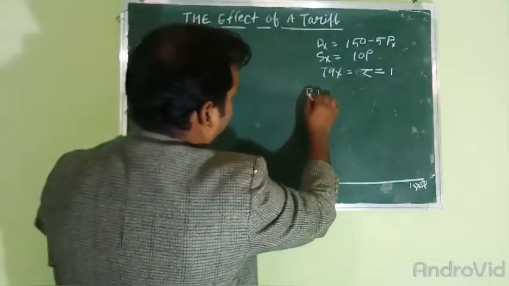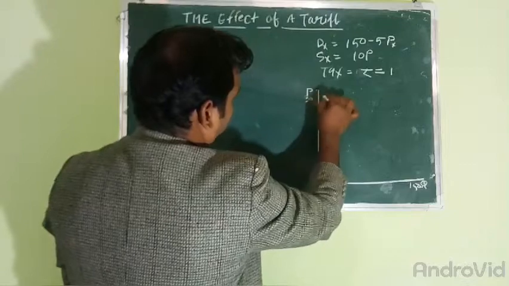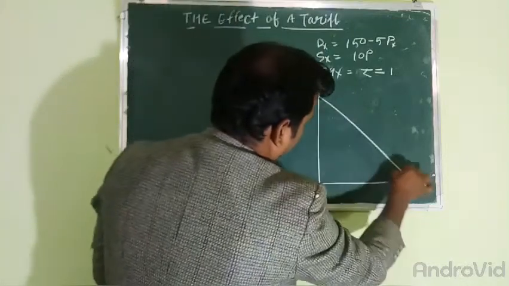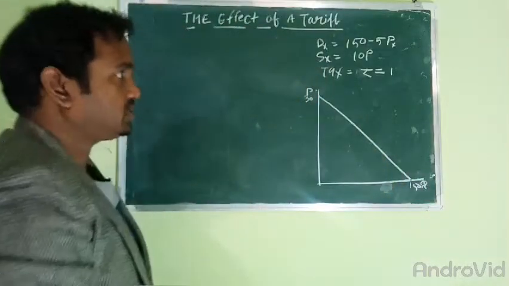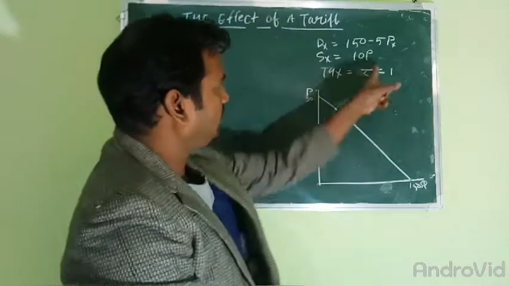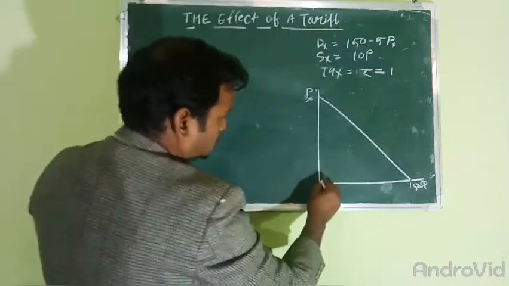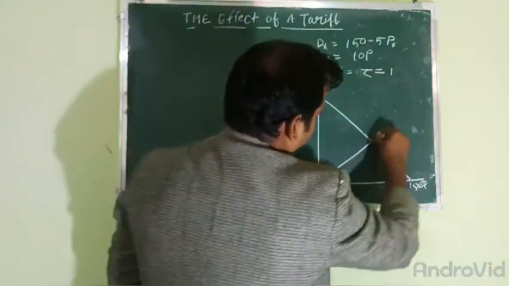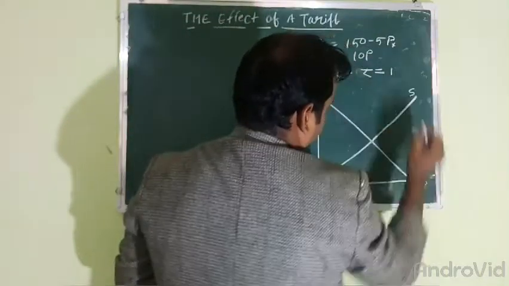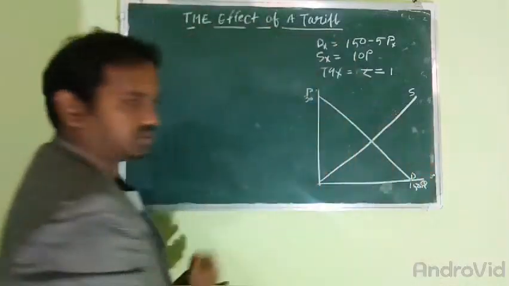So if your maximum price is 30, we draw the demand function. The supply function starts from the origin, because if you put p equal to 0, we get 0.